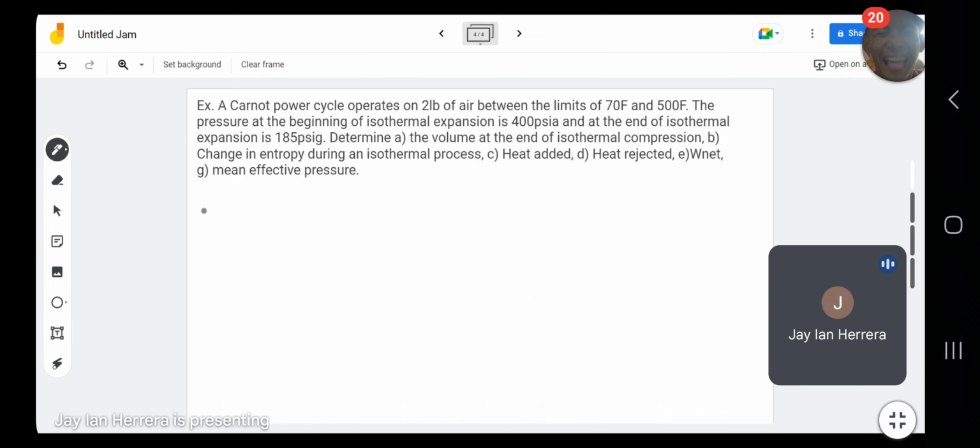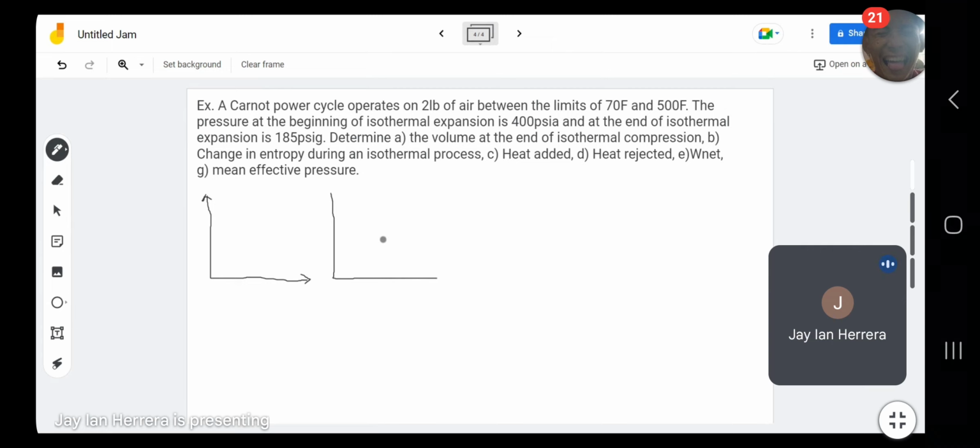First we will draw the cycle, masyadong matrabaho kasi it is a combination of two or more processes. Dito sa Carnot cycle, we have four processes. First and foremost, for cycles, lagi natin idrawing muna yung PV and TS diagram.